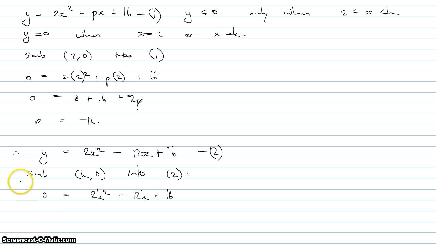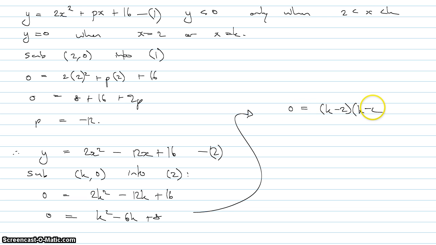If we solve this, this is actually just 0 is equal to k squared take 6k plus 8. And so this is 0 is equal to k take 2, k take 4, k equals 2, or k equals 4. And I can reject k equals 2, because k is strictly bigger than 2, so k equals 4 is my answer. So p equals negative 12, k is equal to 4.